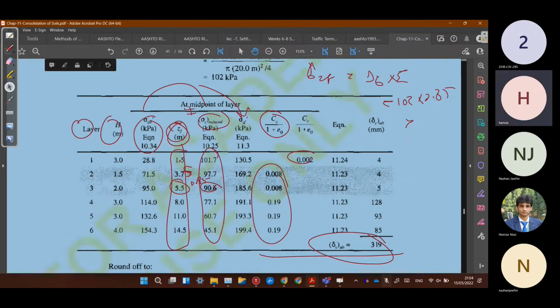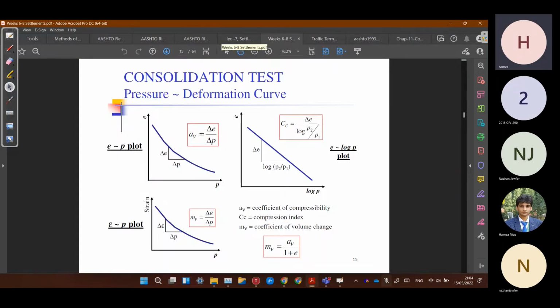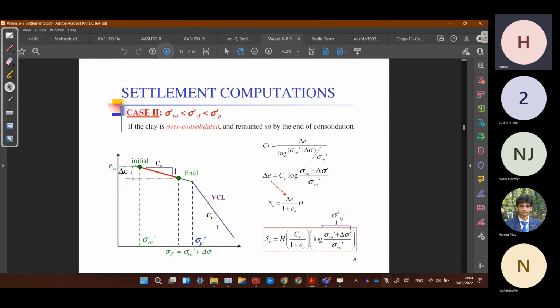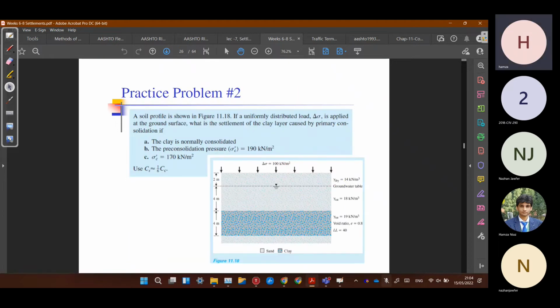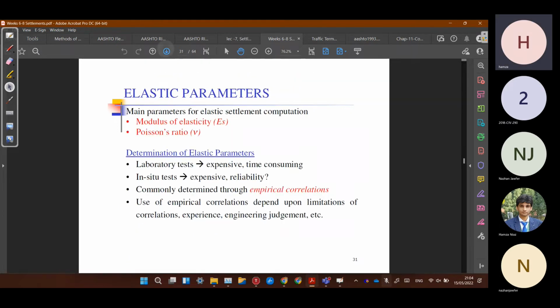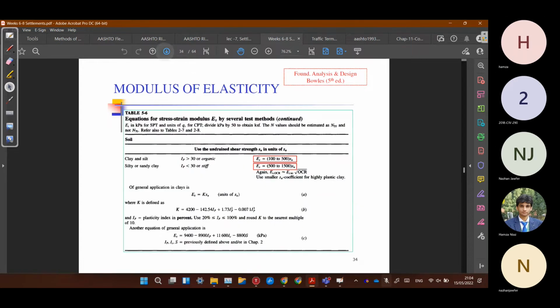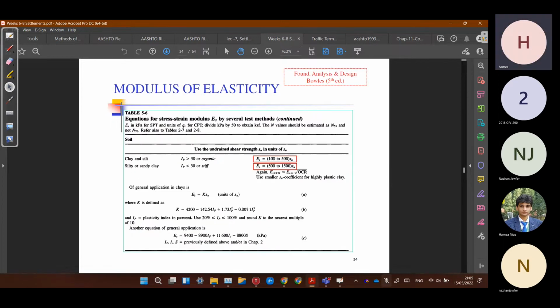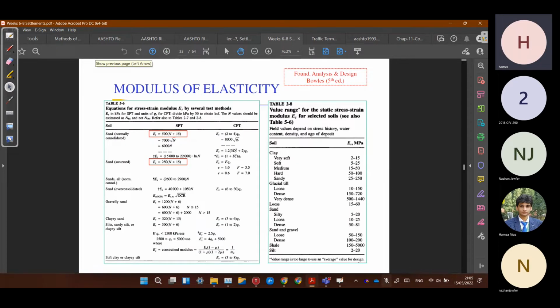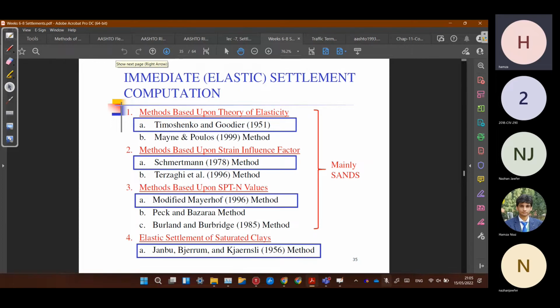Okay. If you look at this, we have three methods exactly. We have the Janbu method, we have Timoshenko, and we have Schmertmann. I was also looking at which method we should use. They are saying that for these methods, Timoshenko and Schmertmann, they are used mainly for sands.